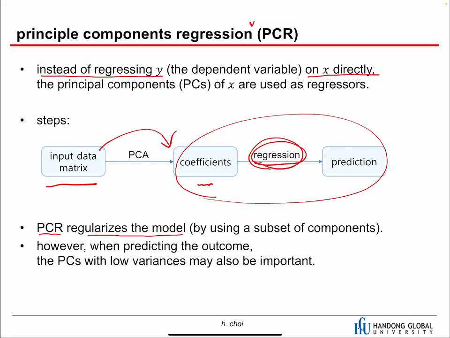Okay, but PCA doesn't know which kind of information is important. It's just interested in the variance. It's just interested in reconstruction error. So in a classification problem, PCA might not be the best choice. But sometimes there are no other options. Okay, then PCA would be practically the best option, but it is not always the best option.